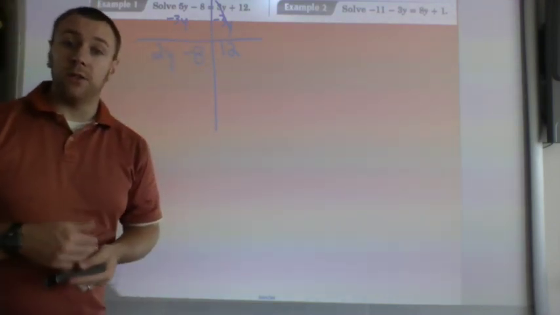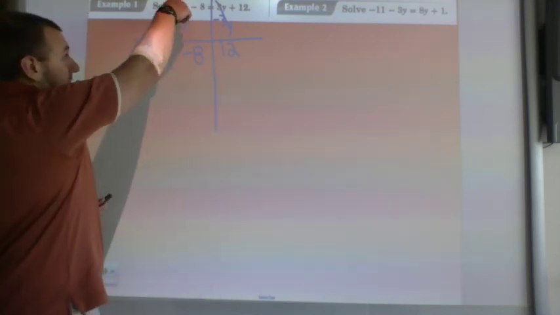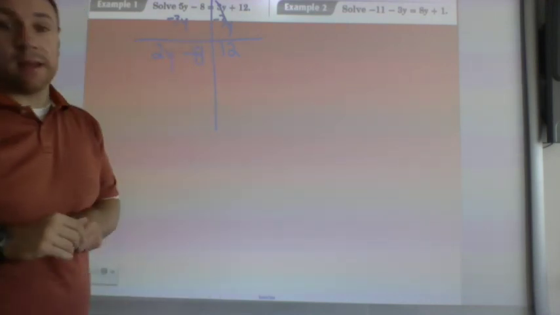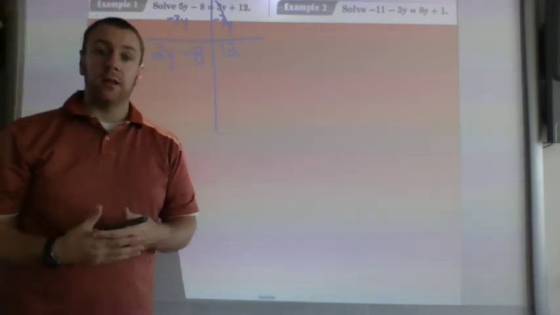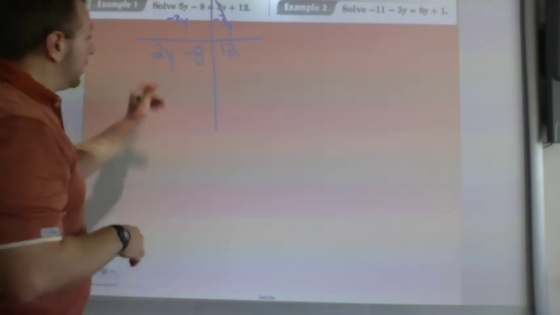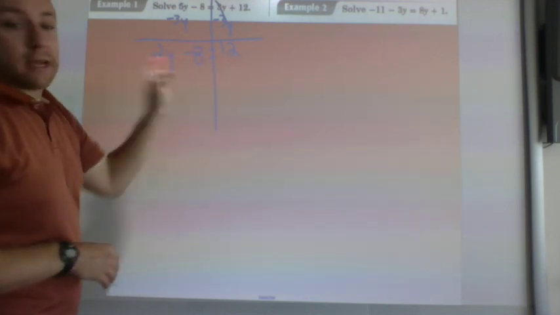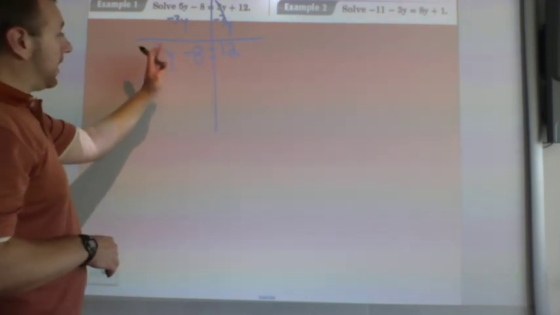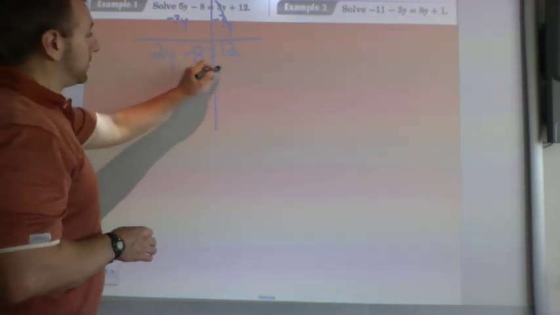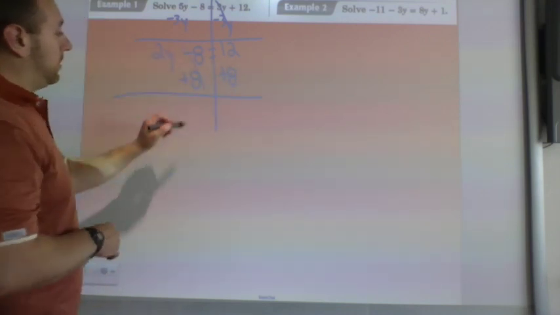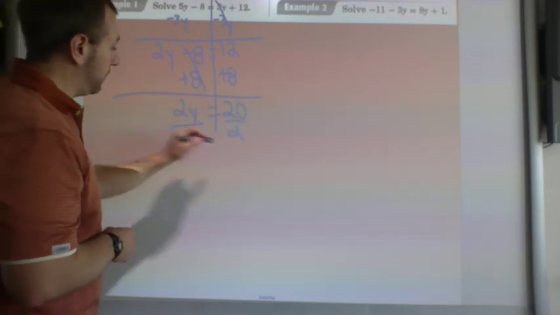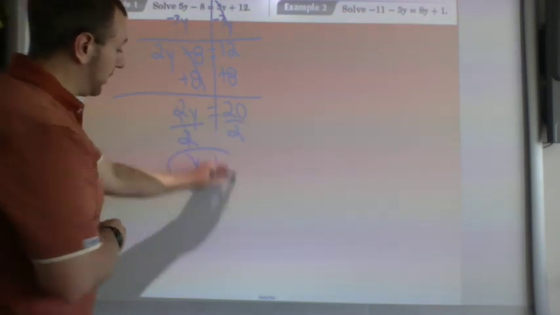Now, remembering back to the expressions piece, I can subtract these because they're like terms, but I can't touch the 8 because it doesn't have a y with it. You gotta follow those same rules. Now I fall back into a two-step equation where I have y, there's only one y in there, so now I'm going to add 8 on both sides. 2y equals 20. Now I divide by 2, y equals 10. And I've solved it.